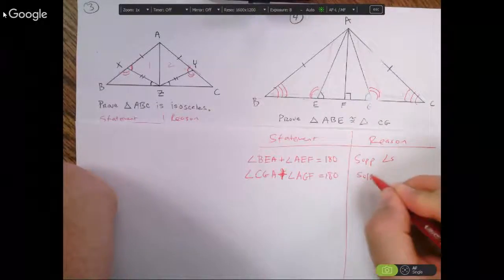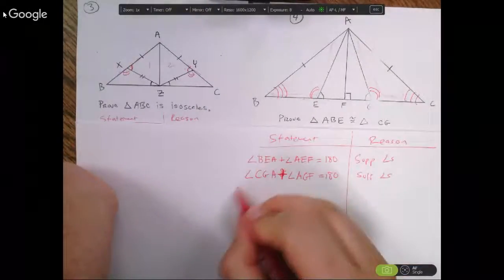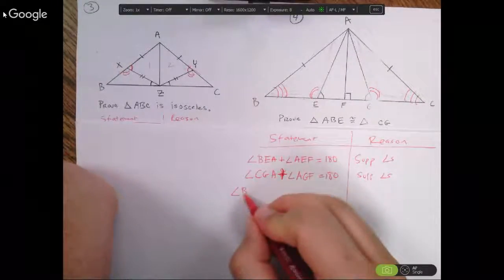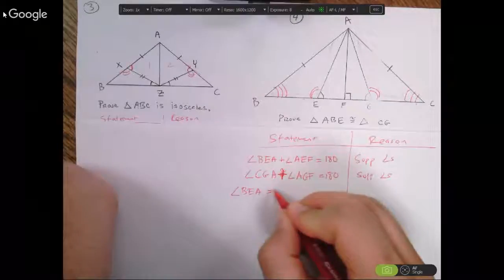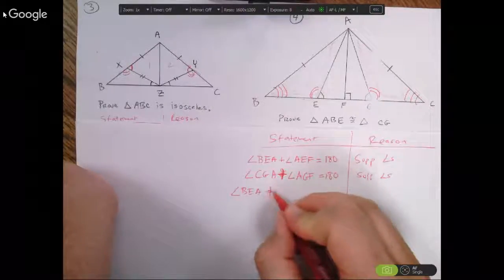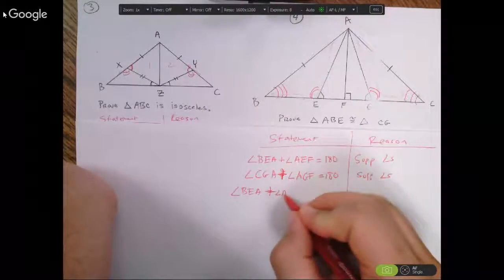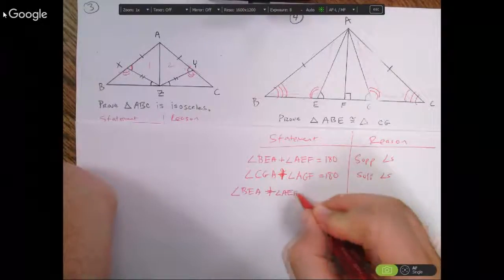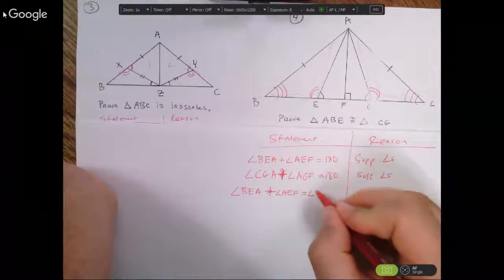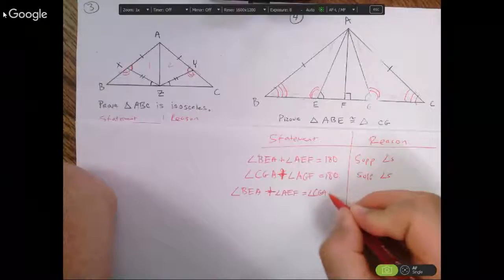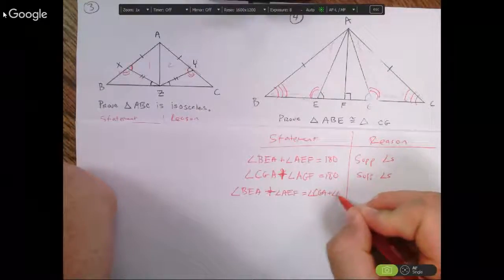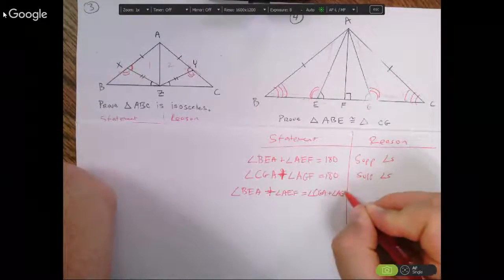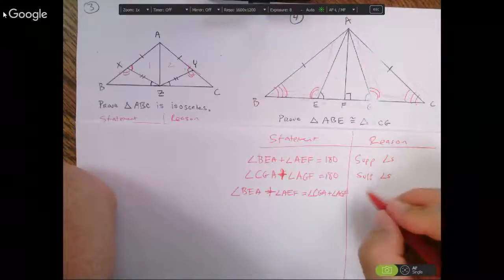That's supplementary. And then angle BEA plus AEF equals, substitution.